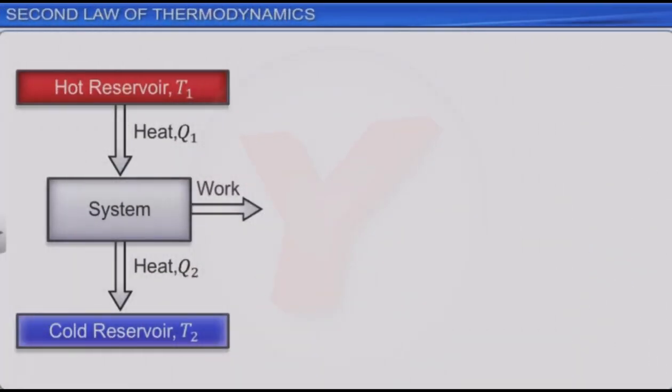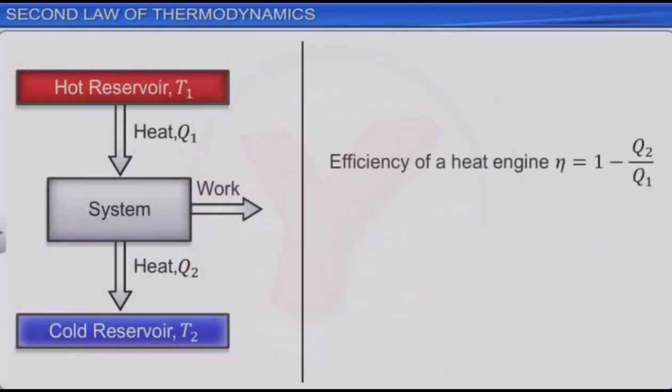Earlier, you learned that the efficiency of a heat engine eta is equal to 1 minus Q2 by Q1, where Q1 is the heat absorbed by the system from a hot reservoir, and Q2 is the heat released by the system to a cold reservoir.